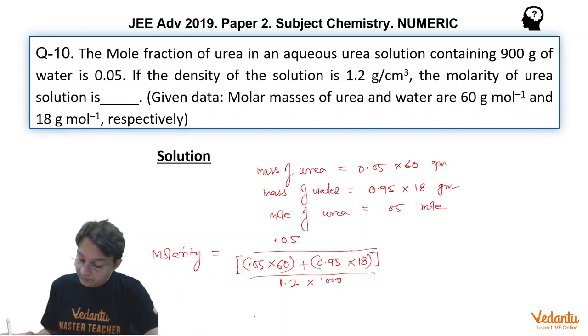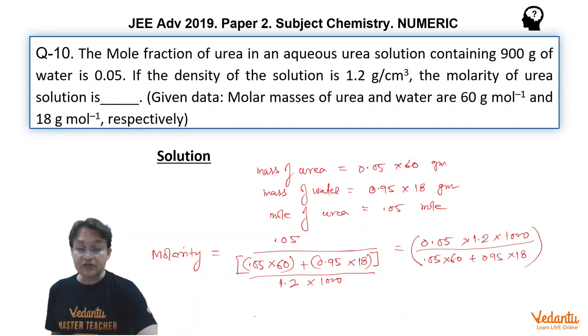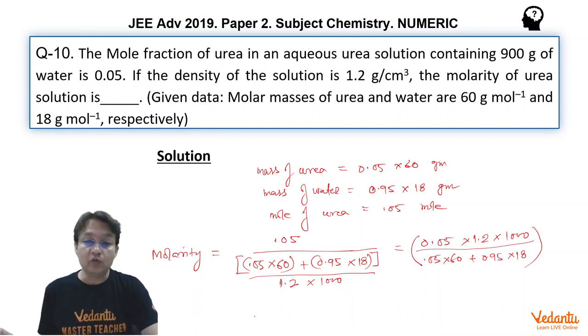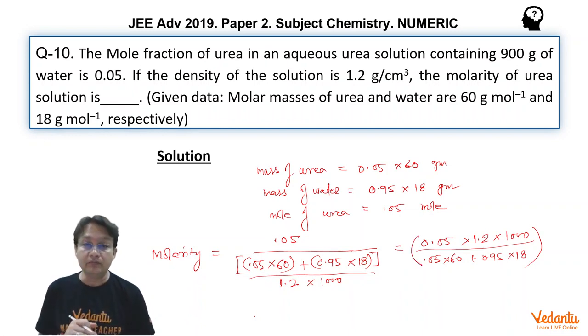So basically that will be the molarity. So it comes out to be 0.05 into 1.2 into 1000, divided by 0.05 into 60 plus 0.95 into 18. And when we solve it, we'll get the molarity.